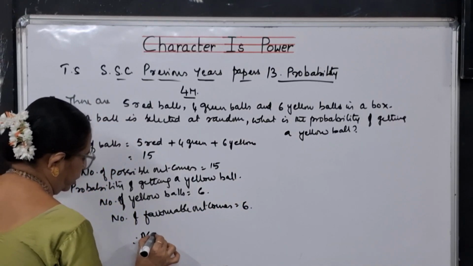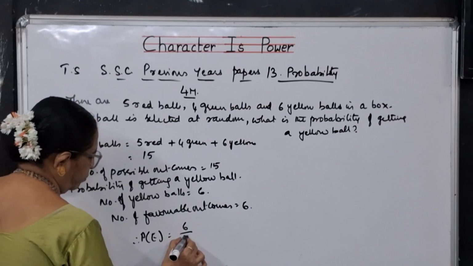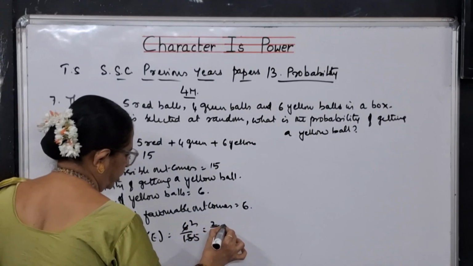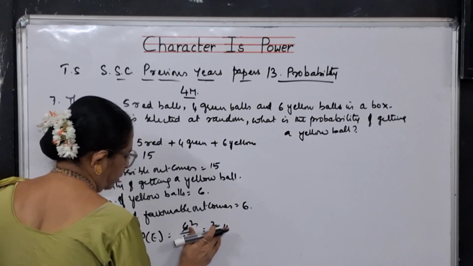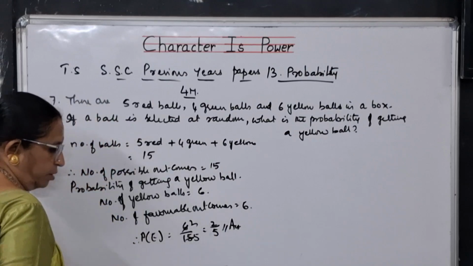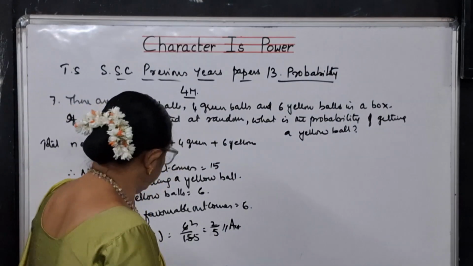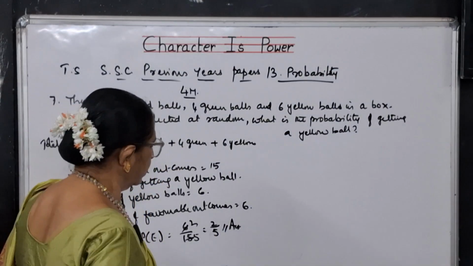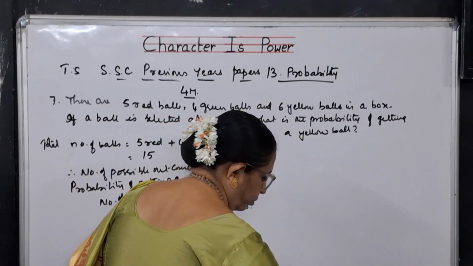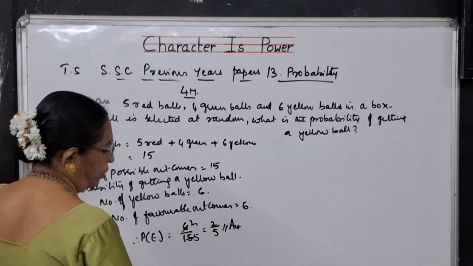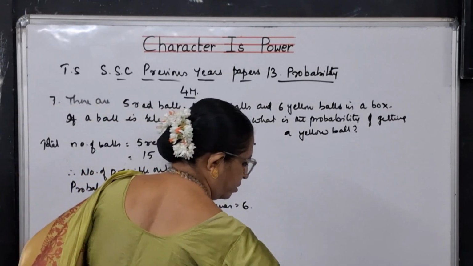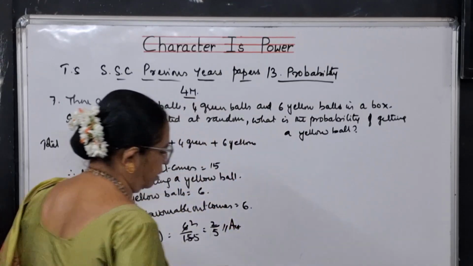Therefore, what is P of E? 6 by 15. 3 2s are 6, 3 5s are 15. So, 2 by 5 is the answer for it, children. Number of balls which are yellow, how many yellow balls are there? 6 balls are there. Write down this, children.